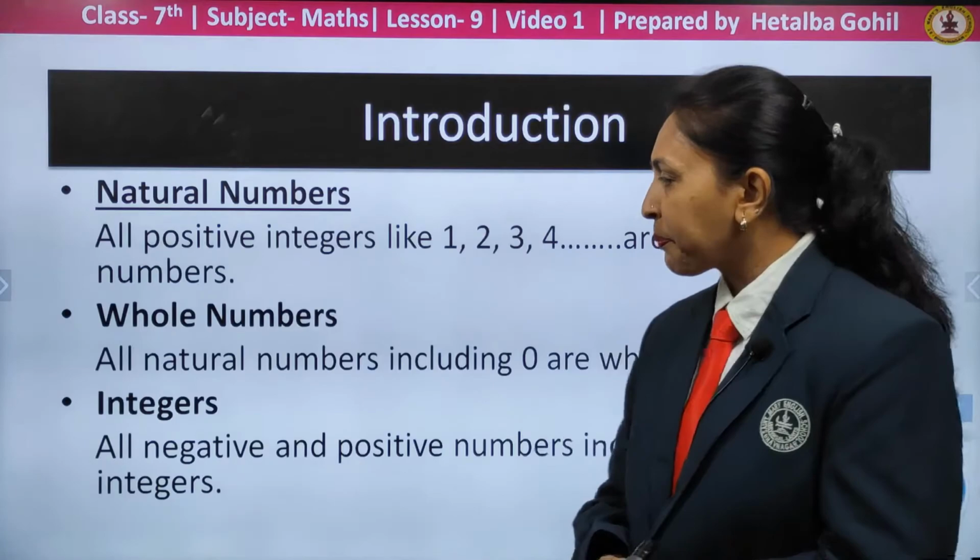But suppose you do not get the required number of rational numbers between the two, then you have to use another method, that we will be learning in our further textual exercise.